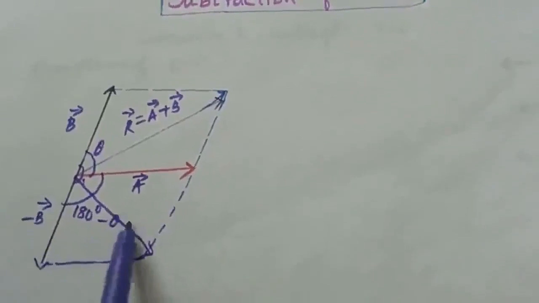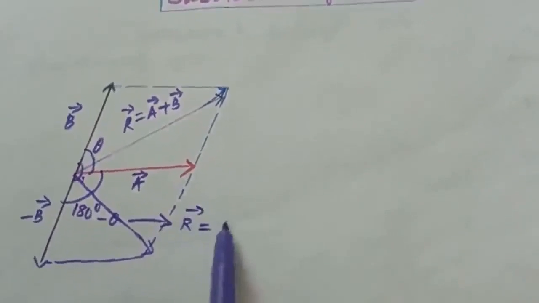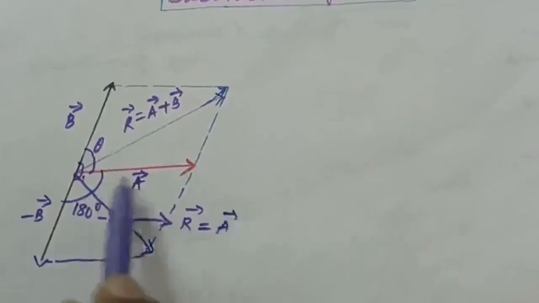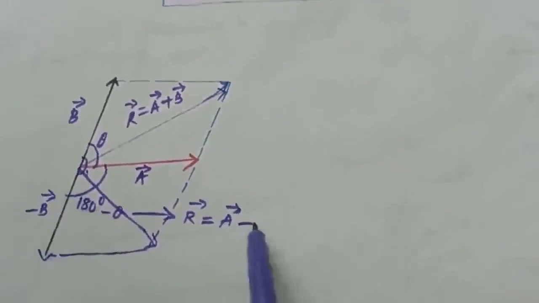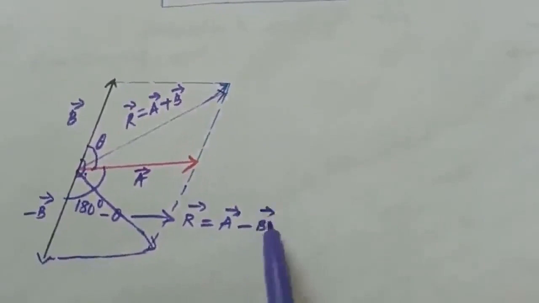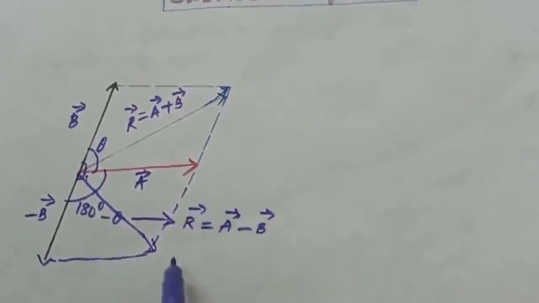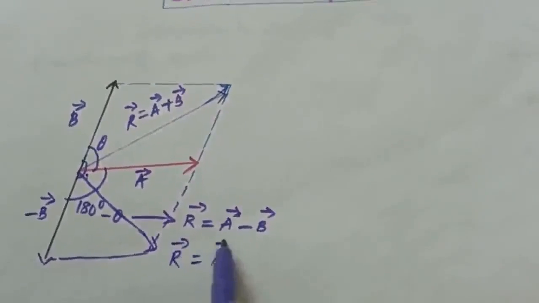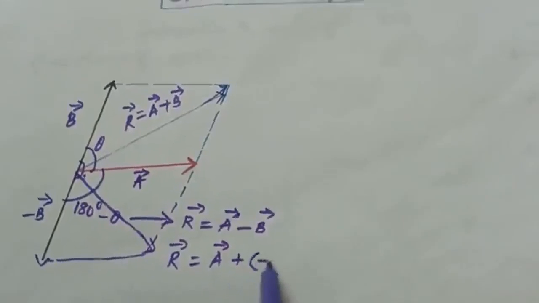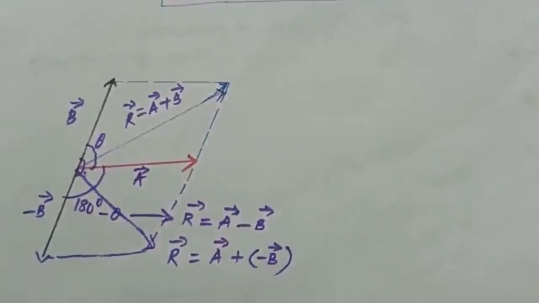Therefore R vector is equal to A vector, in positive direction, minus B vector. Now we can write this equation: R vector is equal to A vector plus of minus B vector. Are you clear, children? Okay.